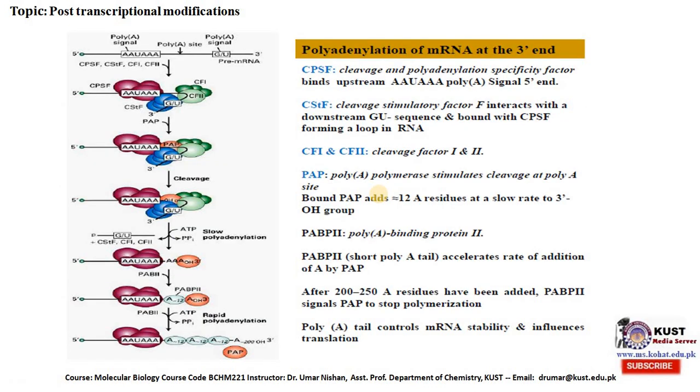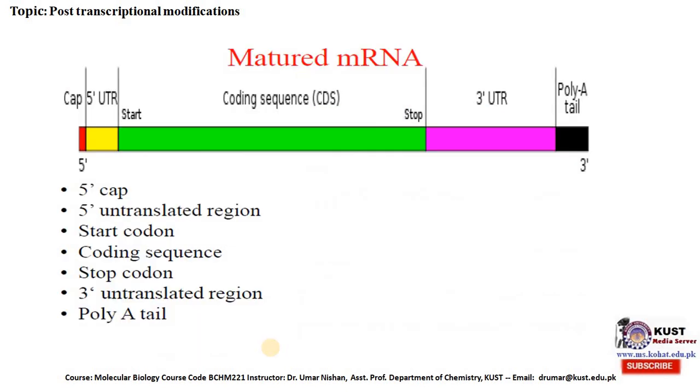But the ultimate aim of polyadenylation is to add this poly A tail, which is important for the maturation or processing of the primary RNA transcript.